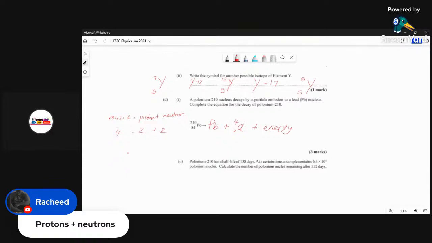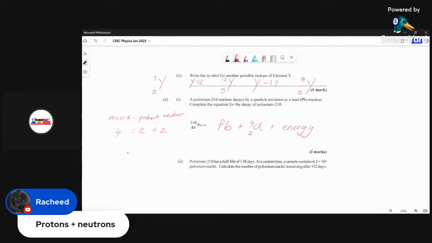So now we need to work out, and I think I wrote lead a little bit too close. Let me go again. I started writing in red, didn't even realize. So atomic number 2, mass number 4.